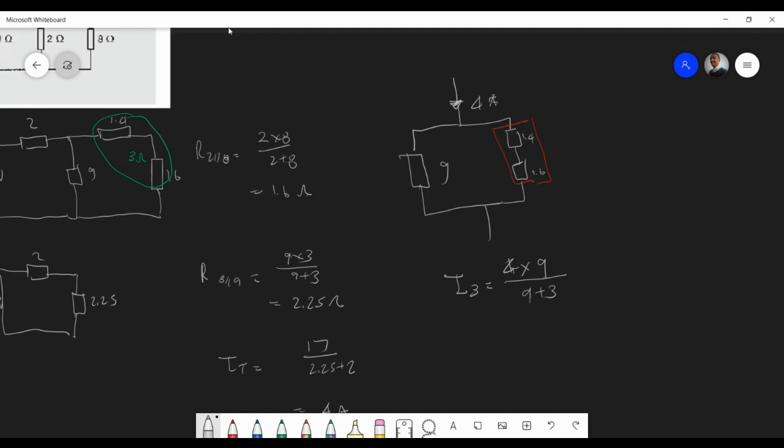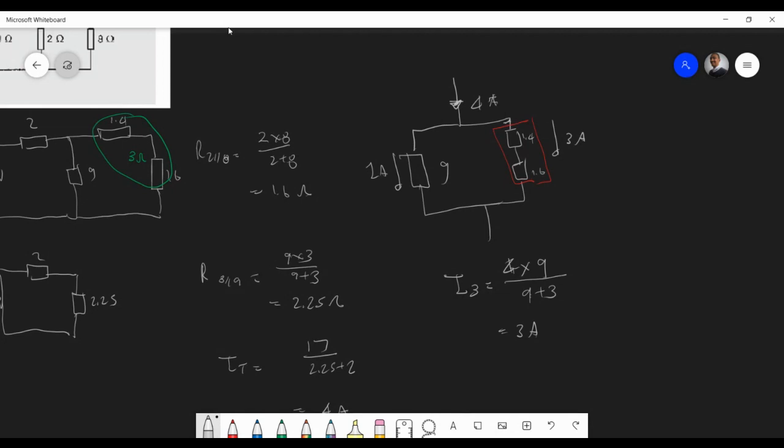You guys agree with me there? And that's 36 divided by 12, which will give you 3 amps. So now we have the current flowing through here. We have 3 amps, and of course, going through here is 1 amp. That's in case you need to know that.